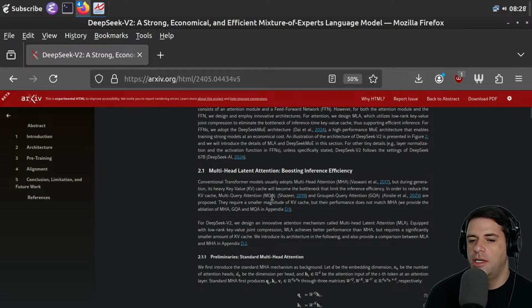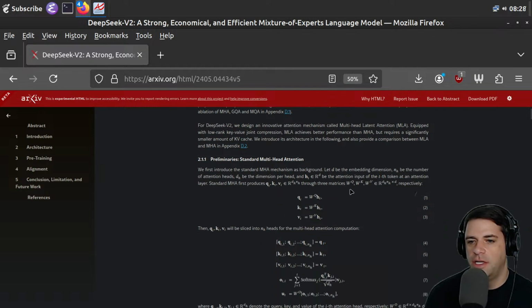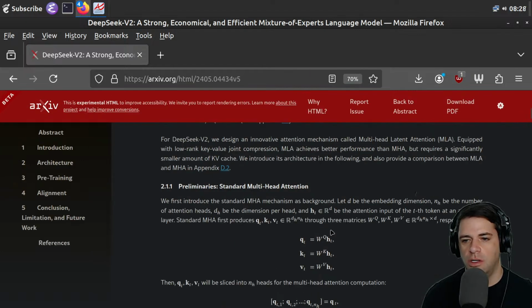So the multi-head latent attention, they talk about the regular multi-head attention. You've got these queries, keys, and values, and I forget what H is. H is something like the input. H sub t is the attention input of the t-th token at an attention layer. Okay, and then these W^Q, W^K, W^V matrices are learned.